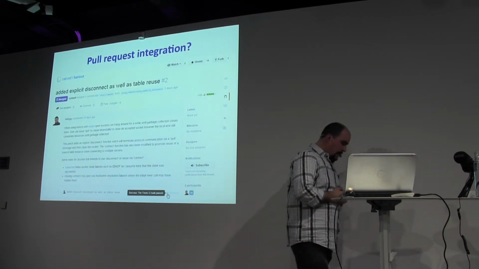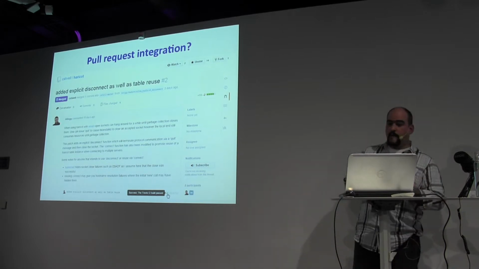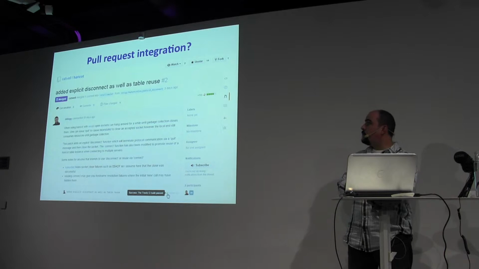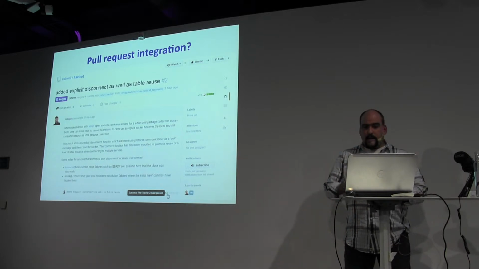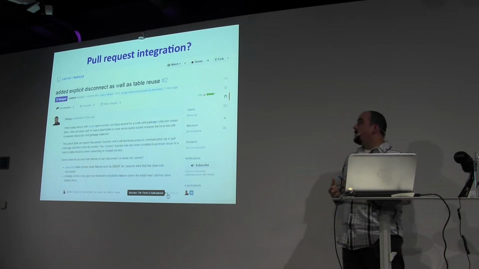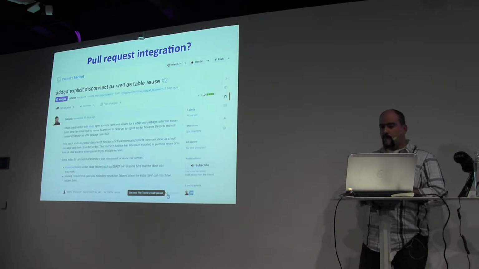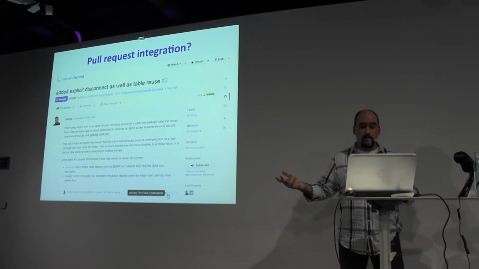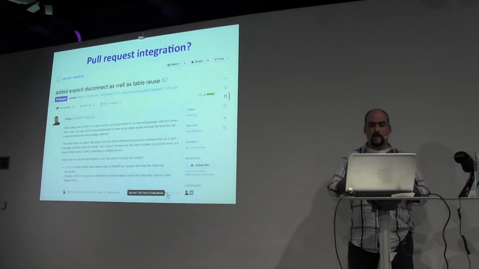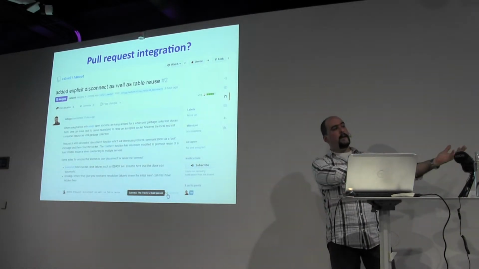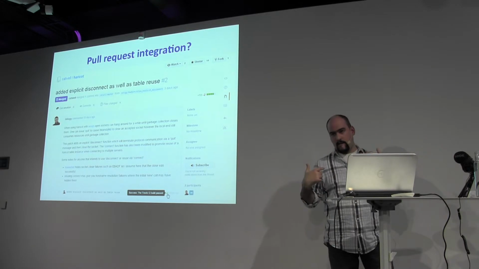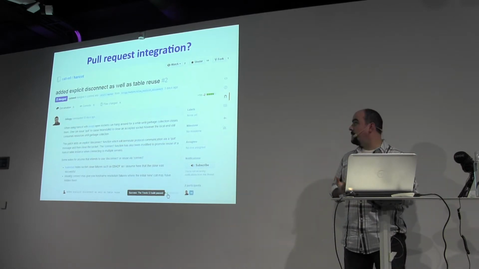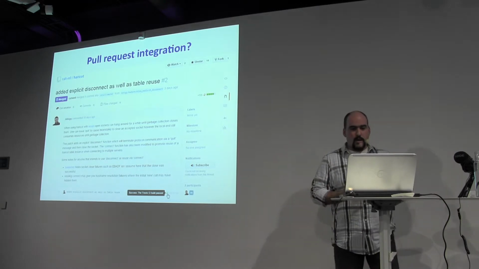So I mentioned pull requests before. For those who are not familiar with the concept, it's a way for developers to collaborate. I can contribute code to someone else's repository to fix a bug or to add a new feature, but the person who is receiving my contribution doesn't know that the code is correct.